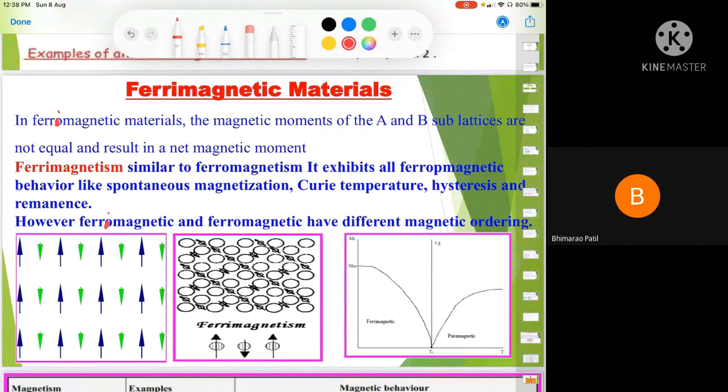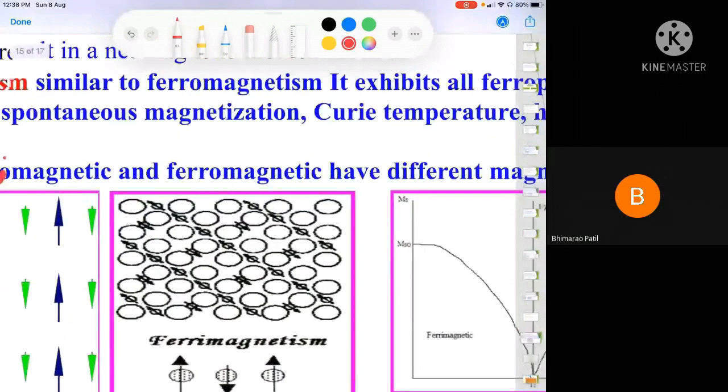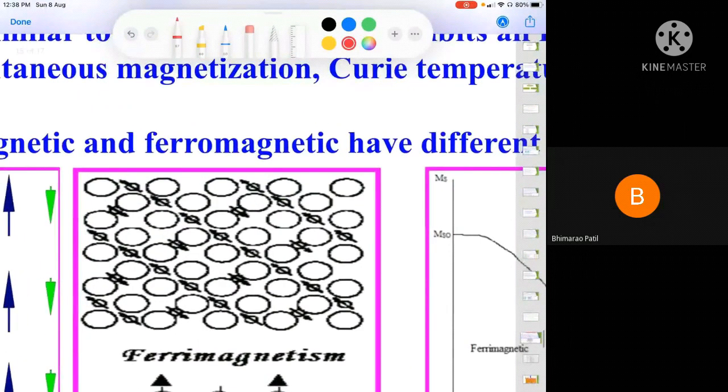That can be shown in this second figure. You see here two sublattices, A and B, are present. A shows the higher magnetic moment as compared to B. Here you see the B lattice, numbers 1 and 2, where a number of domains are present.